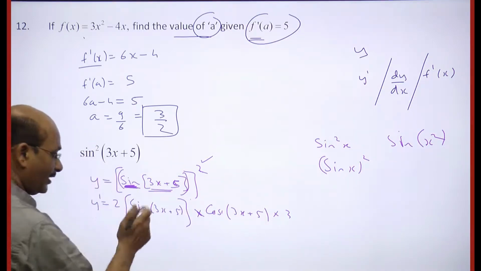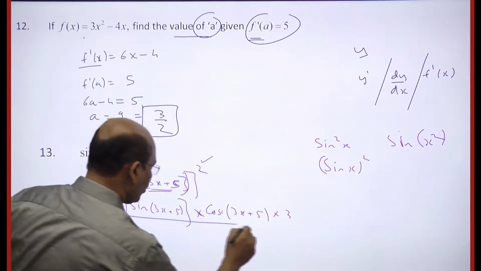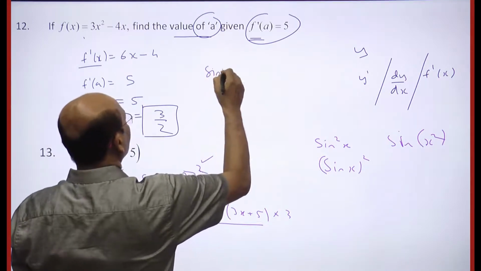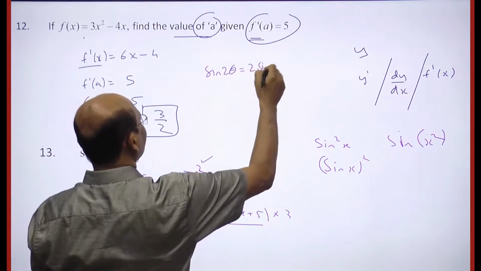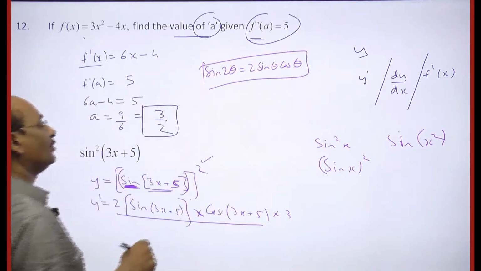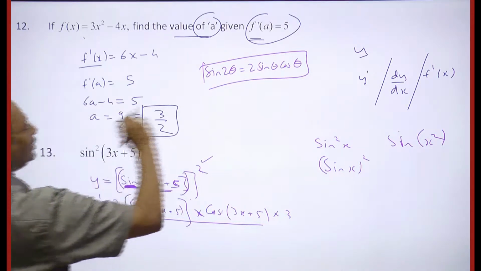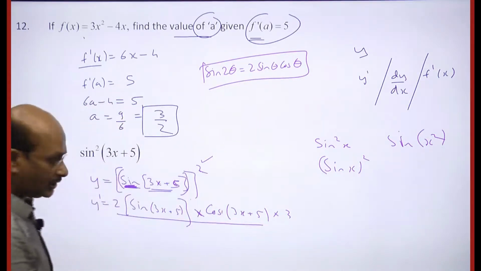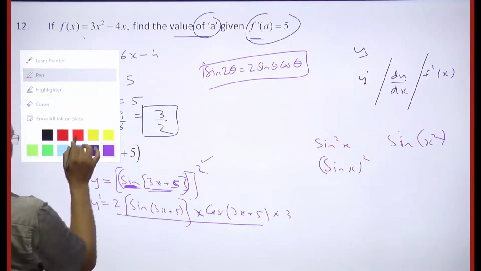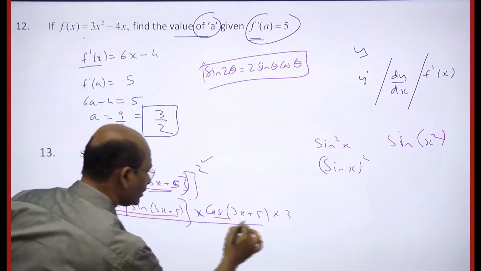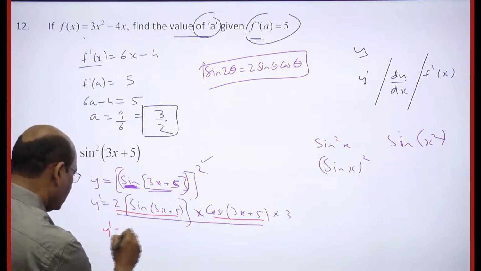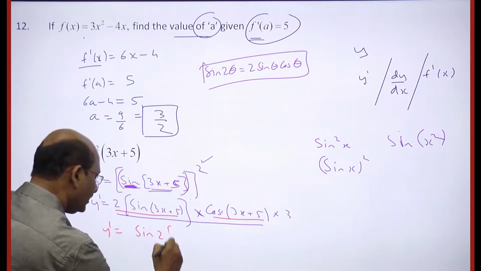Now what you can do, there are many ways to do this sum. 2 sine theta cos theta. If you remember, do you know this rule? Sine 2 theta is 2 sine theta cos theta. This you have done in class 11, correct or not?